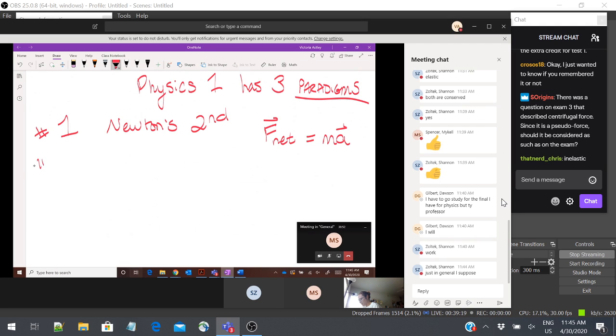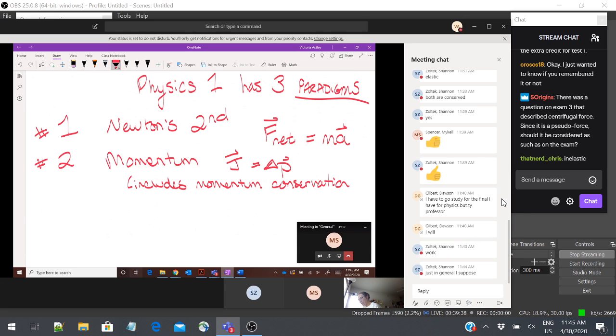Number 2 is the momentum paradigm. This is J equals delta P and includes momentum conservation and stuff like that. This is just an application of Newton's third law.